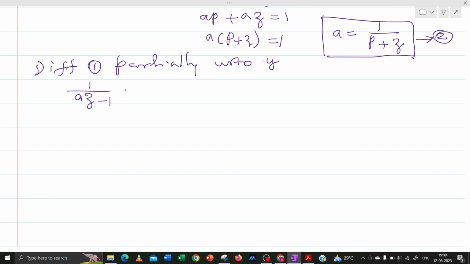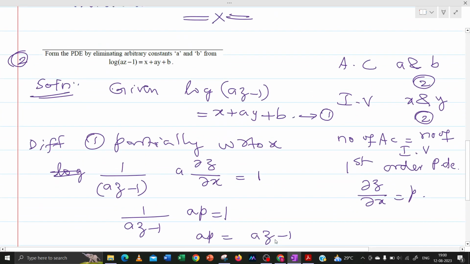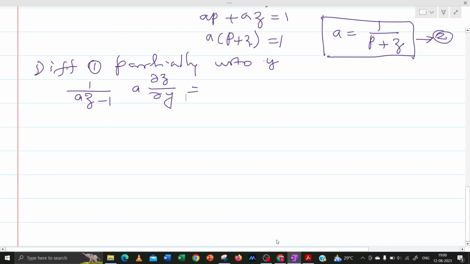Then differentiation of az is a into dou z by dou y, and the differentiation of 1 is 0, equal to what is right hand side here, x plus ay plus b. So x plus ay means x is 0 plus a into y is 1, then differentiation of b is 0. And what do you get here? A gets cancelled.